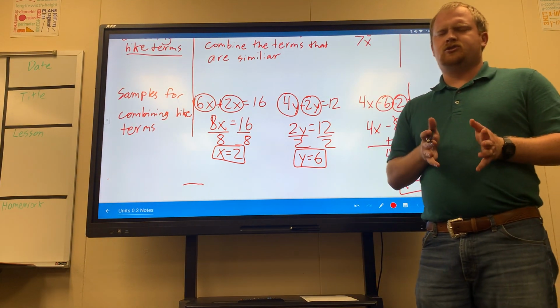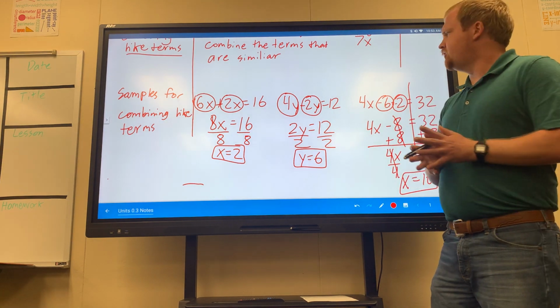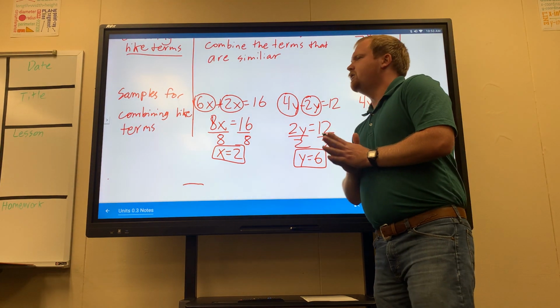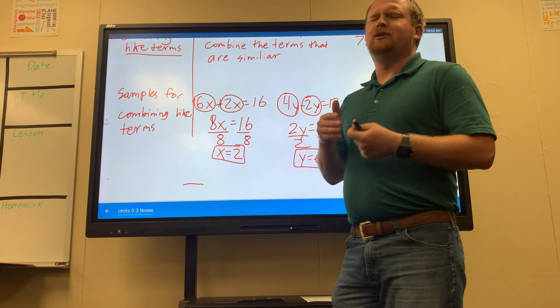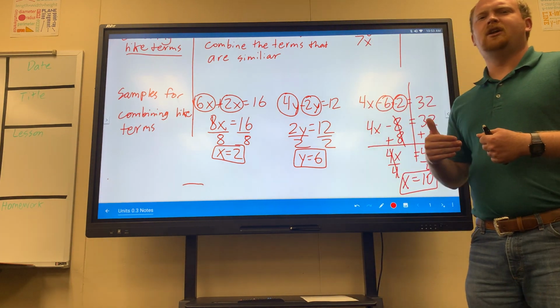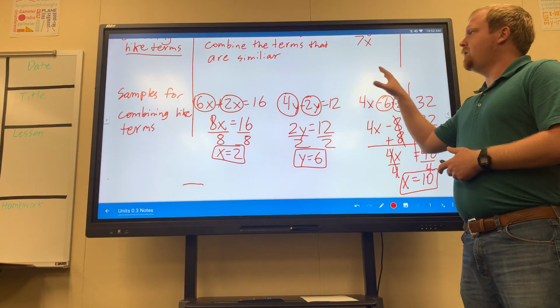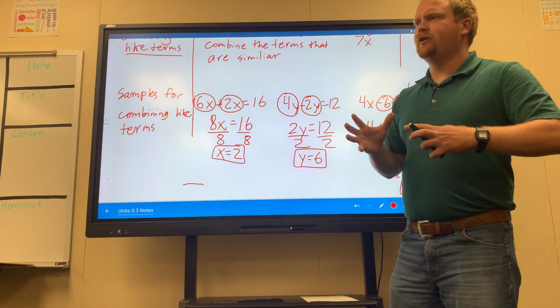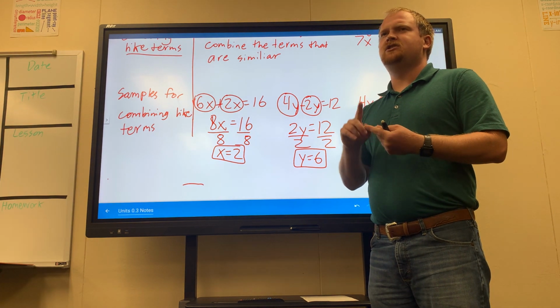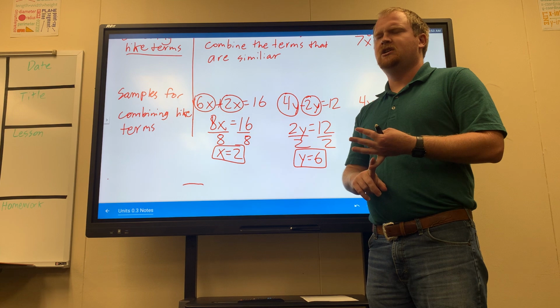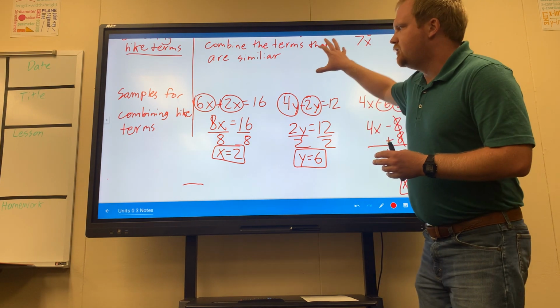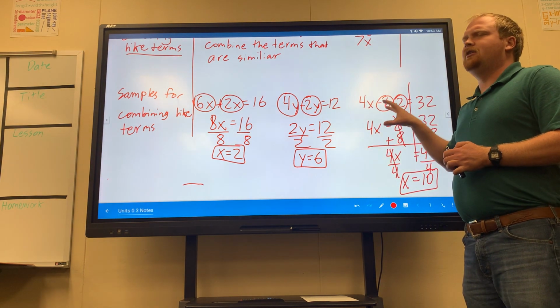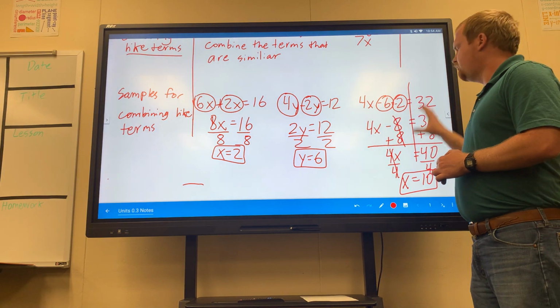So, just so you guys know and understand, there will be equations that require you to do more than 1 step. But remember, as long as you know the inverse operation for addition, subtraction, multiplication, and division, you will be able to work this out multiple times to get to the answer.